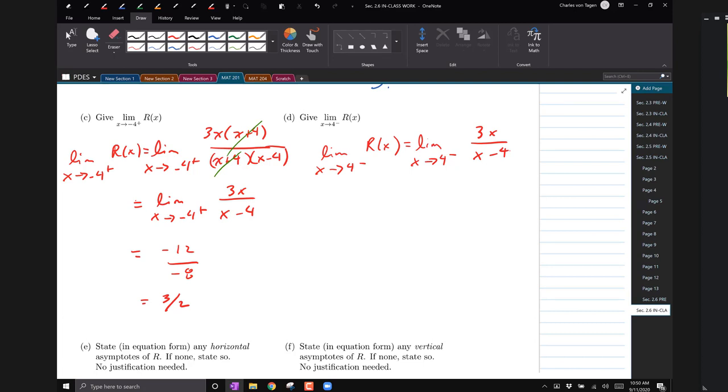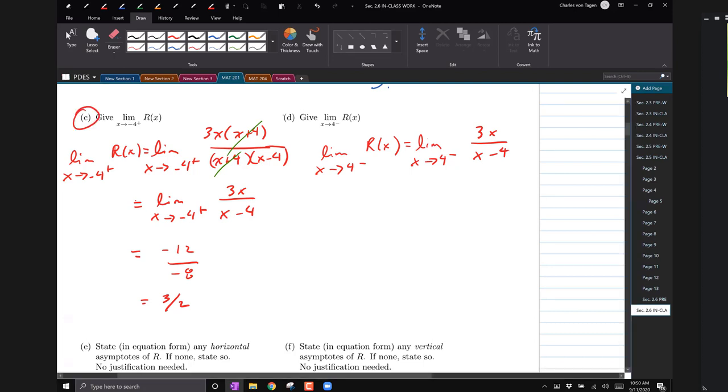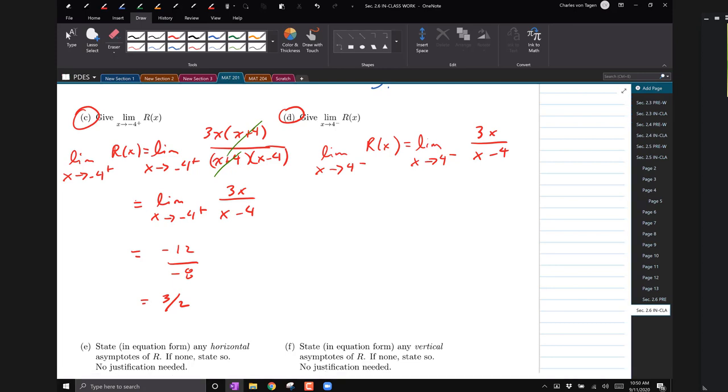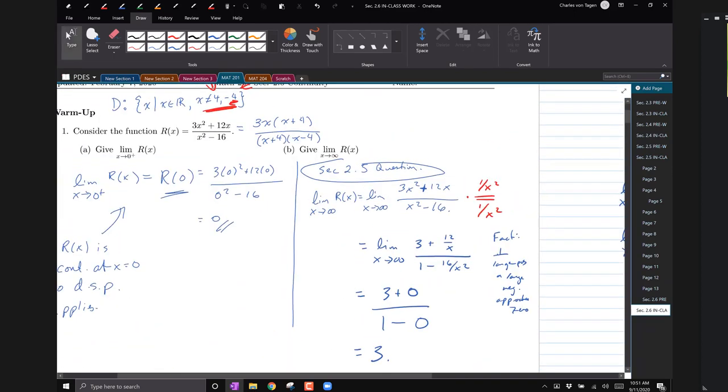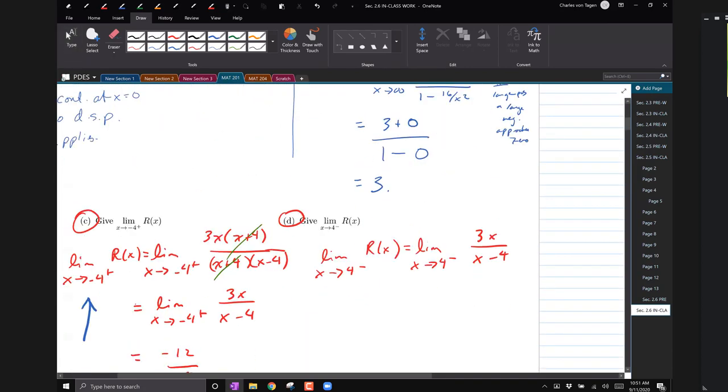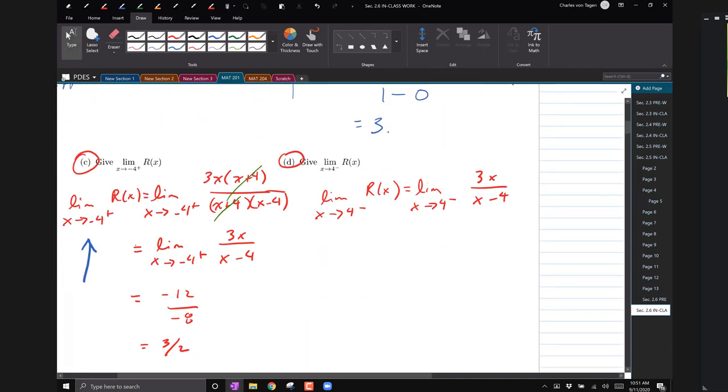Now, I argue that question C and question D are two completely different questions. What was the structure of this question as x was approaching -4? We identified the domain, and we said -4 is excluded from the domain, so right away we knew we couldn't do direct substitution, at least not at the first step.